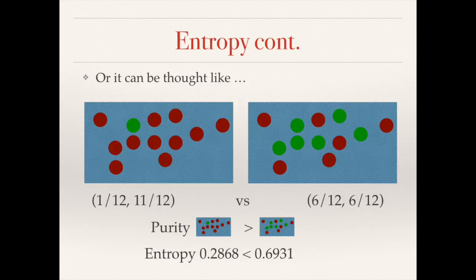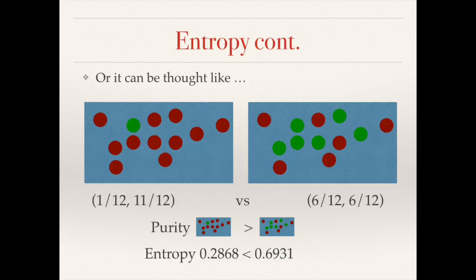Let us consider the two systems in an alternative way. In the first one, there are 12 balls, one is green and 11 of them are red. And for the second system, there are 6 balls of either color out of the 12 balls.